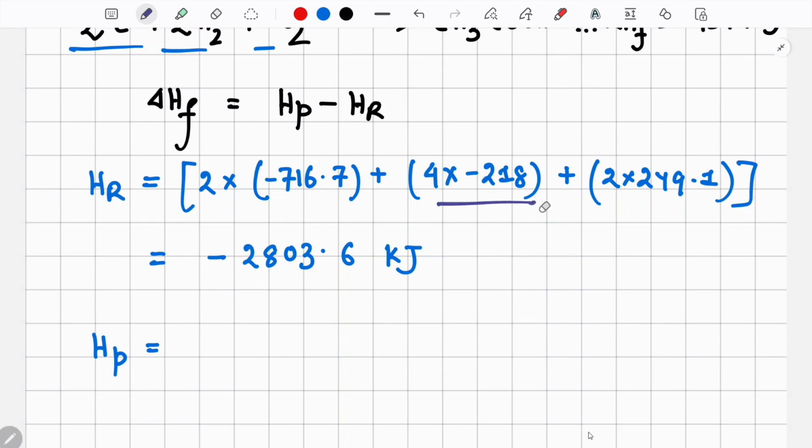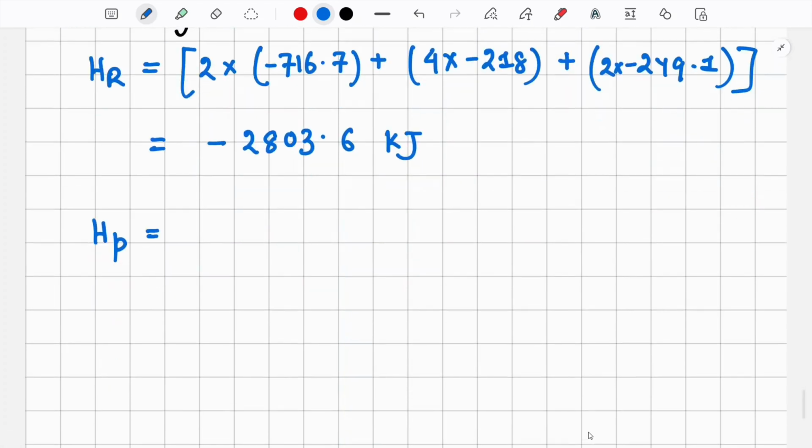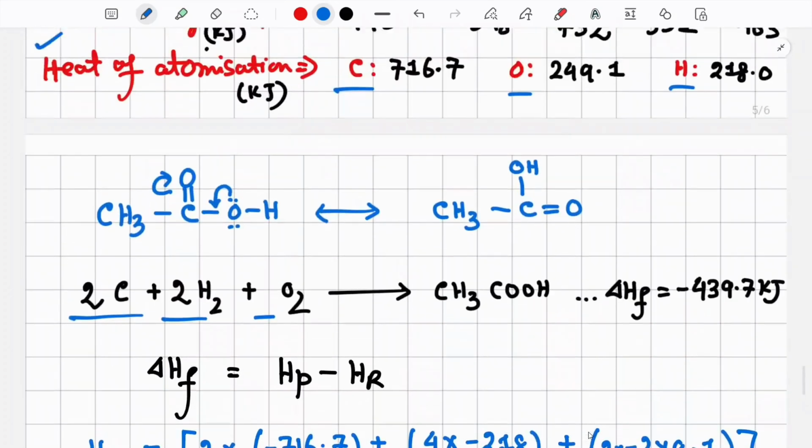It is around 1000. So how can it be? Oh, I missed a minus sign here. It should be minus. Okay, I am getting the same. That is right. So now each product you have to calculate.